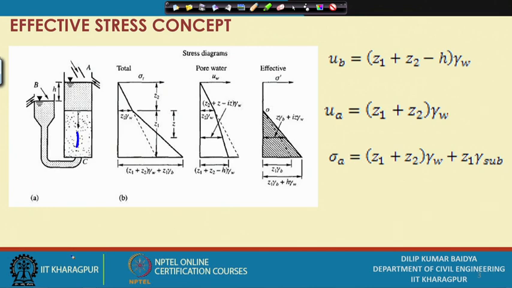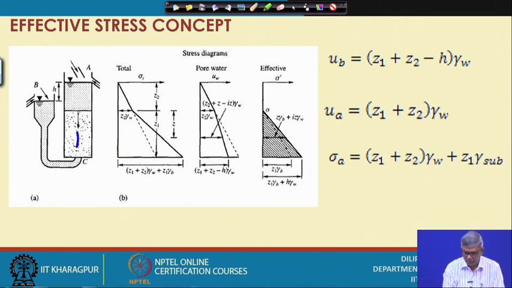And if this flow takes place this way, then what are the changes in effective stress, that we will see. Under this condition, I can draw the total stress, I can draw the pore water pressure, and then total minus pore water pressure gives you the effective stress, and from there you can draw some conclusion.